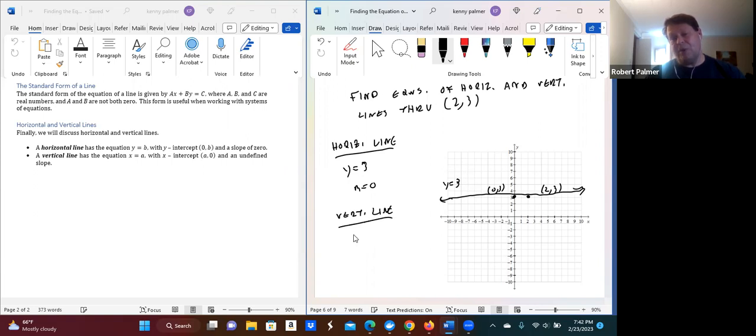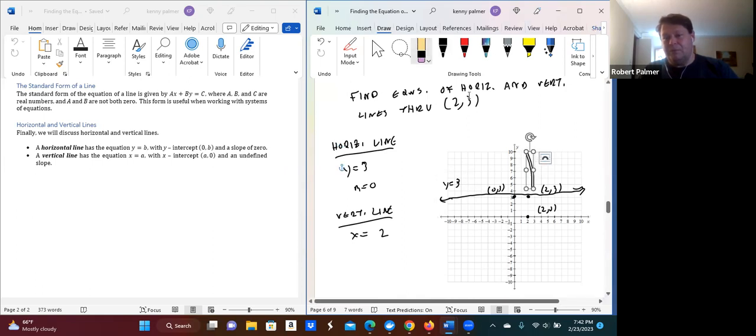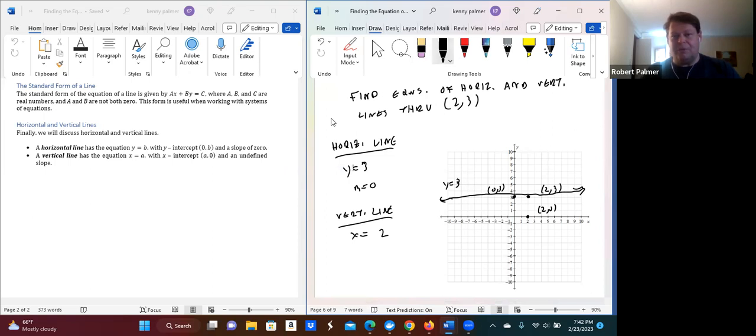Then a vertical line has the equation x equals the x-coordinate of the point it goes through, x equals 2. In a similar way, the x-intercept of this line is 2, 0, and it's a vertical line going through both. Let me try that one more time, if I can draw a straight line.